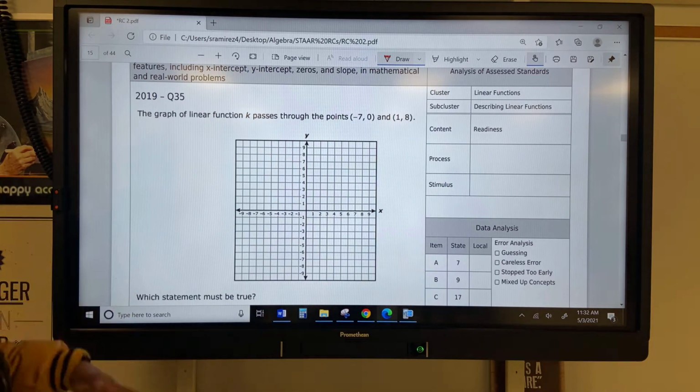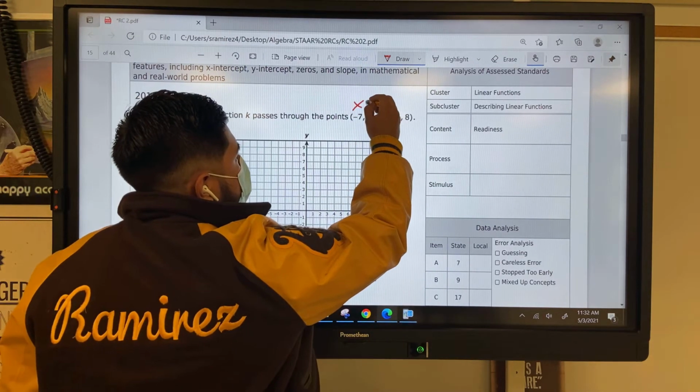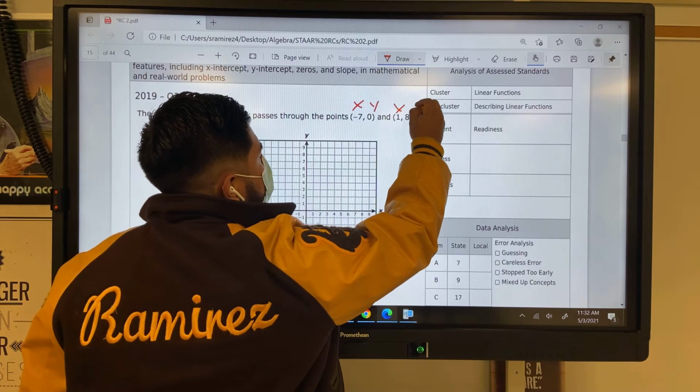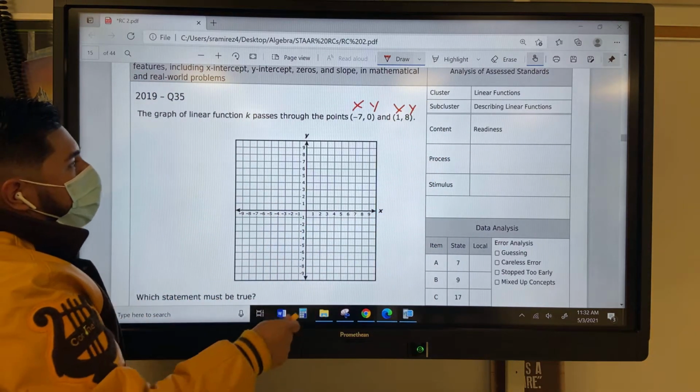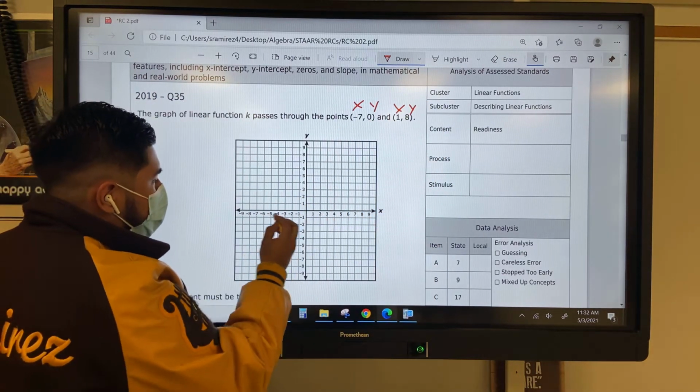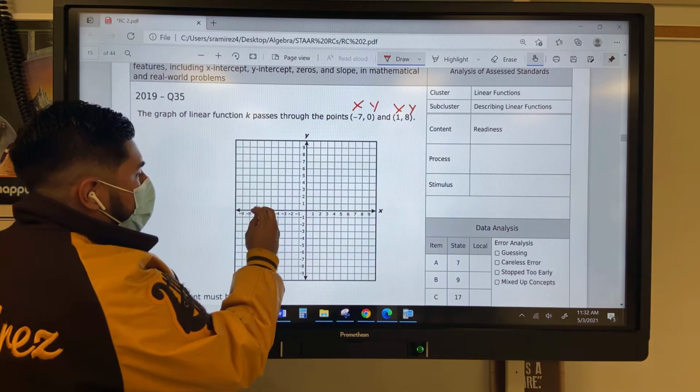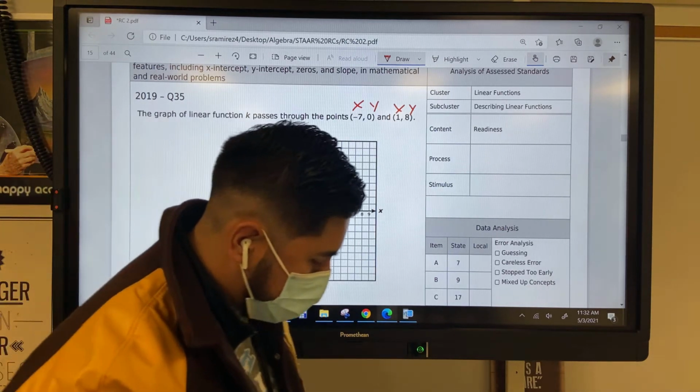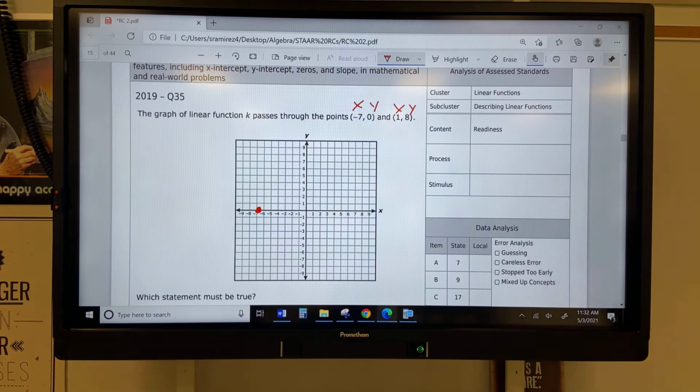When we label these points, we're going to do x, y, x, y. We plot them. -7, 0. Boom. Right here. You don't trust me? Check out Desmos.